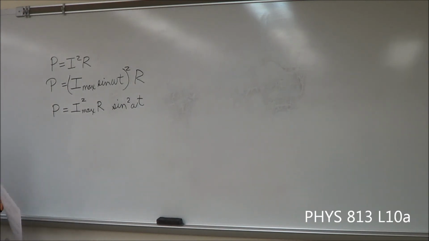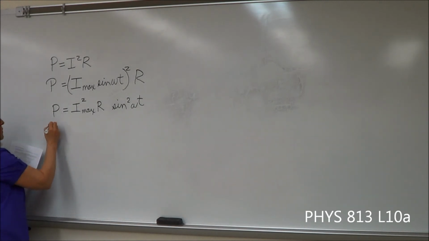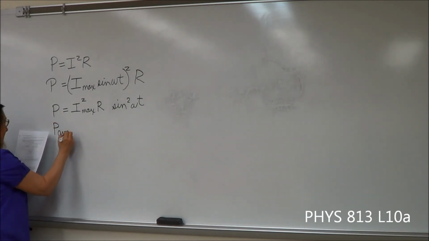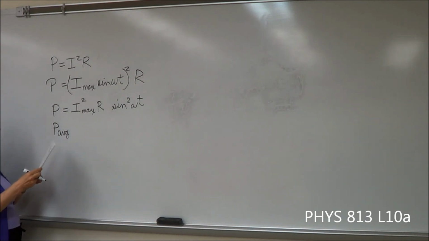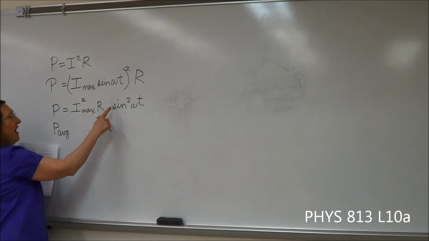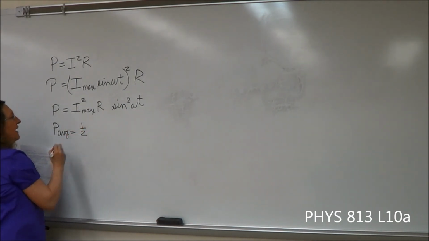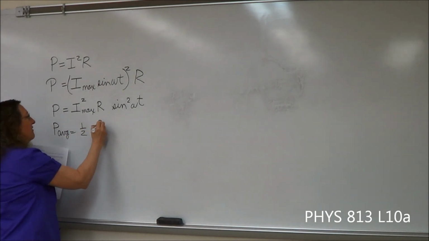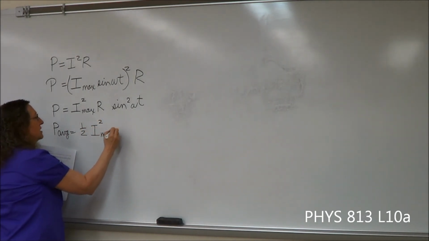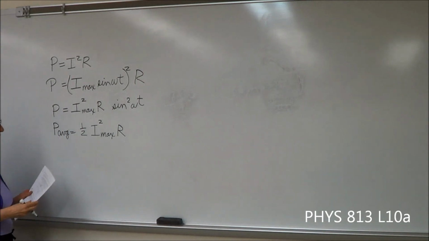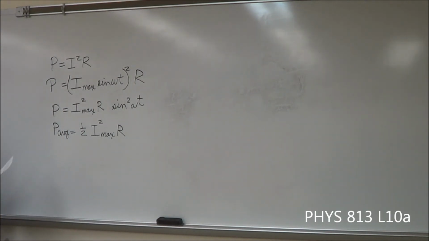You don't really need to know how to do that, you just need to know that that's what it is. So if we're looking at P average, and I'm in step 2 now at the bottom of page 84, the average of sine squared is 1/2. Then we have I max squared times R. And that would be okay, but we want to do a couple of other things with this.